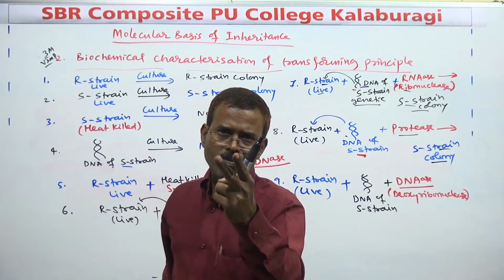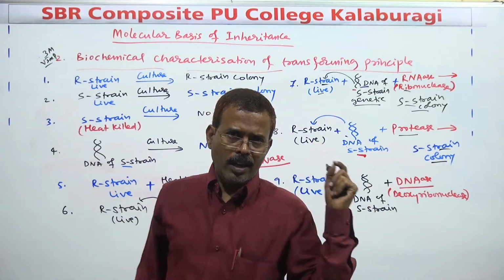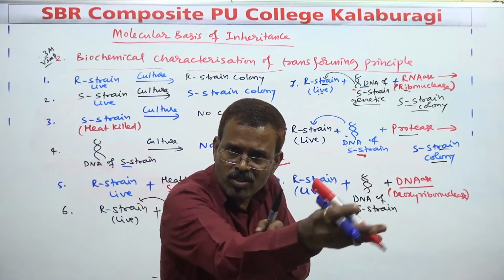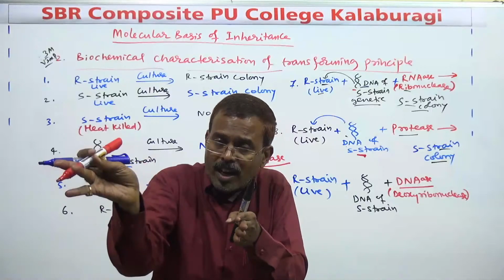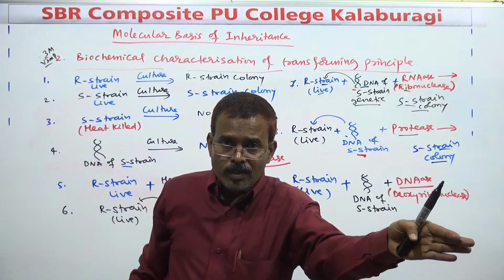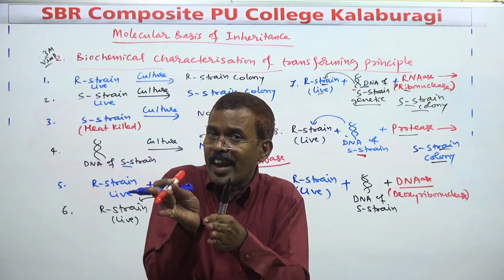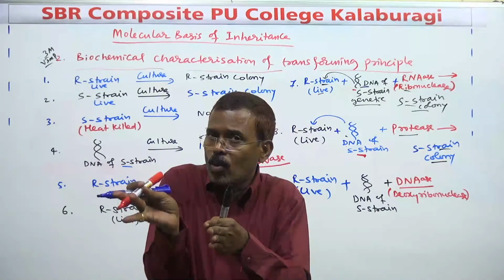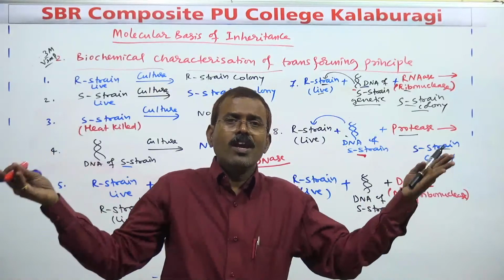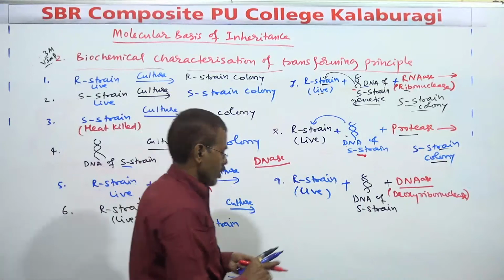We have two types of nuclease with respect to this concept. One is ribonuclease, another one deoxyribonuclease. Ribonuclease acts on RNA. Deoxyribonuclease can act on DNA, can break down the DNA into deoxyribonucleotides.